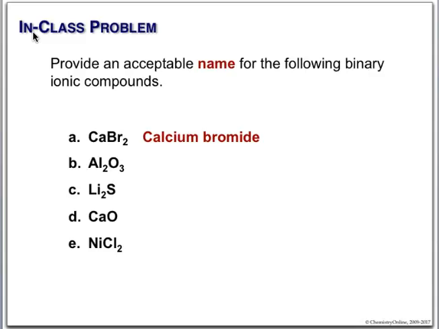Al is aluminum. O, of course, is oxygen. This is simply aluminum oxide. Li is lithium. S is sulfur. So this is simply lithium sulfide.